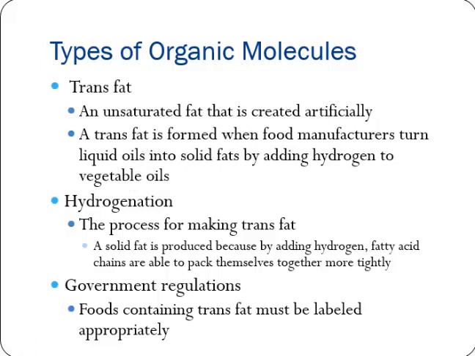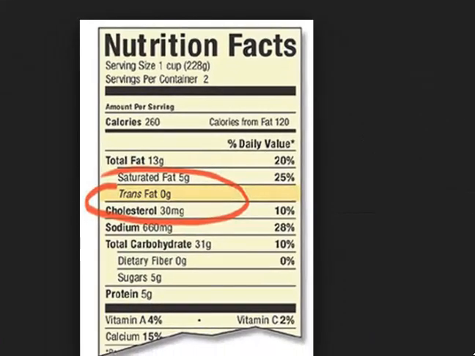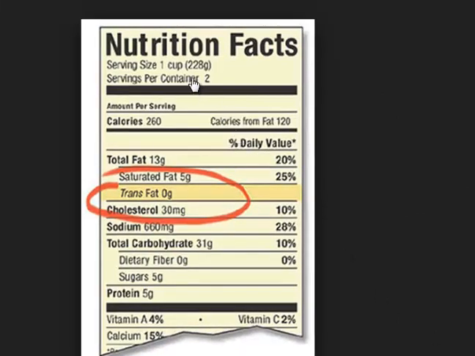So if you look at labels on food, government regulations now require food manufacturers to be forthcoming. This is just one example. Honestly, I don't even know what food this is, but you can see this 1 cup of whatever it might be, maybe some kind of pasta product or a drink or something, has 260 calories per cup, 120 of them from fat, 13 grams of fat.